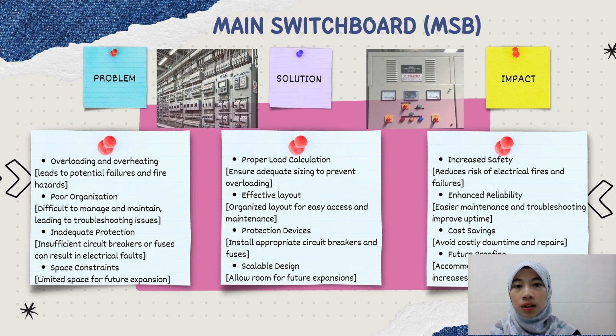Next, cost savings are realized by avoiding costly downtime and repair, so money can be saved on maintenance and repair if there is a breakdown. And lastly, a scalable and future-proof design accommodates future electrical load increases.